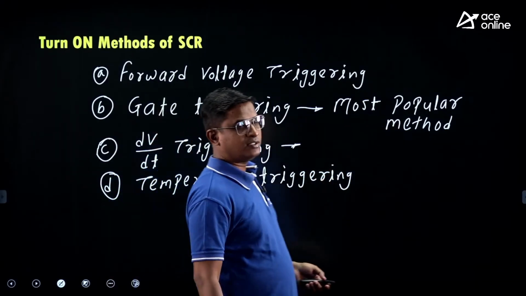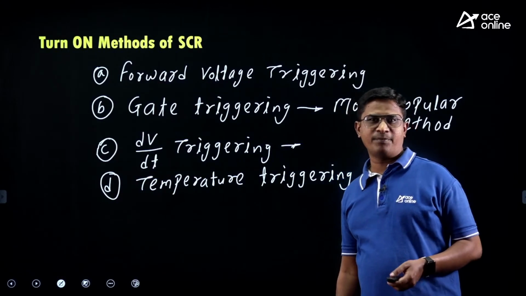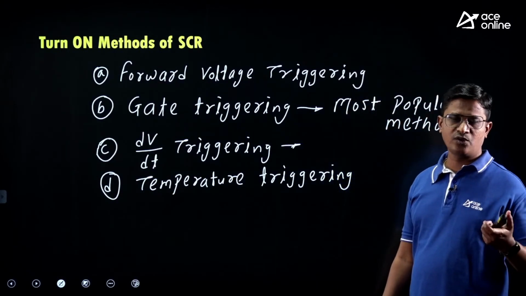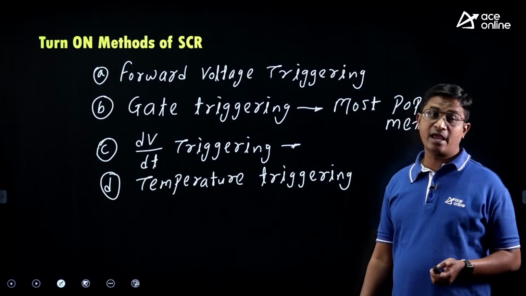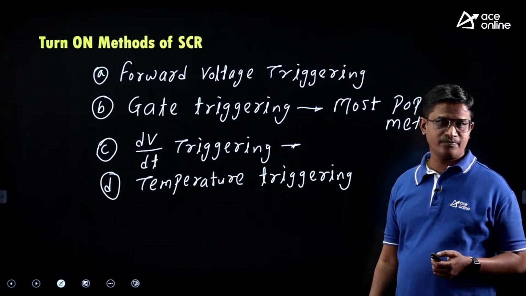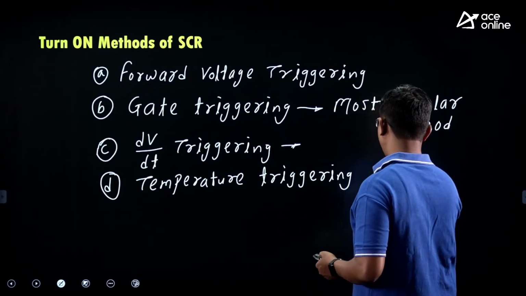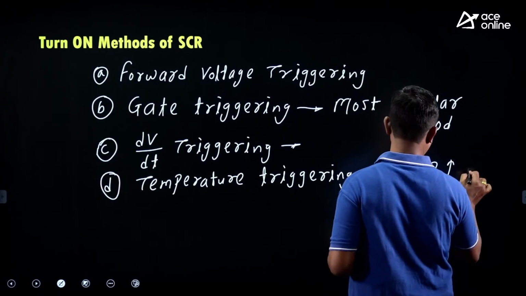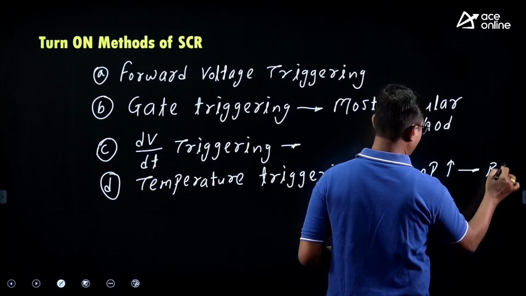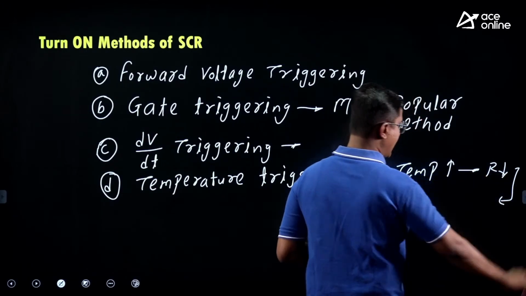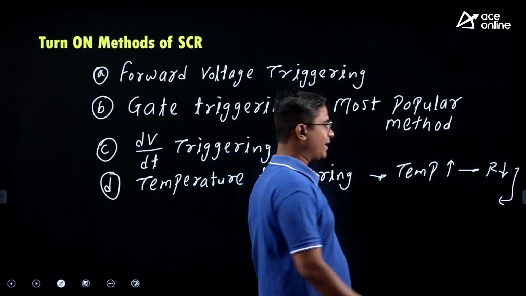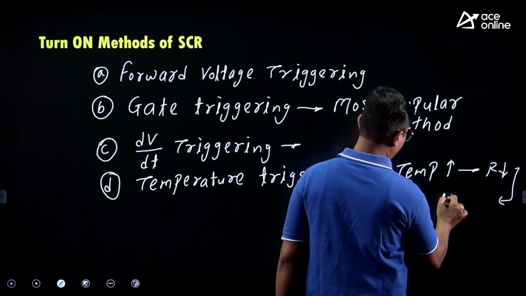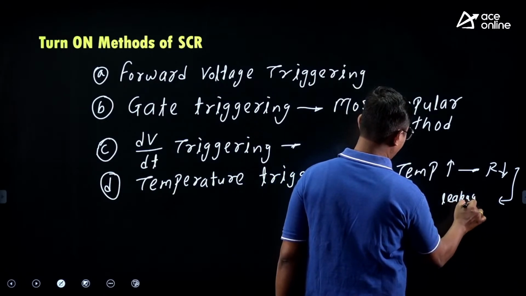In this method, we are increasing the temperature of the device, and we know SCRs are having the negative temperature coefficient. So therefore, as temperature increases, the resistance of the device decreases. As resistance decreases, device current, or initially it is a leakage current, right?